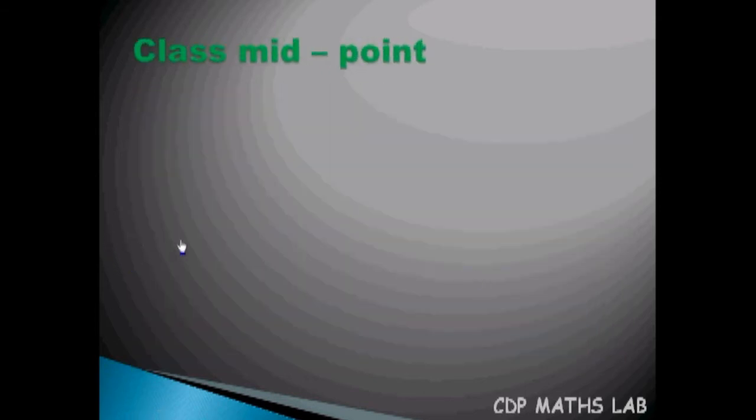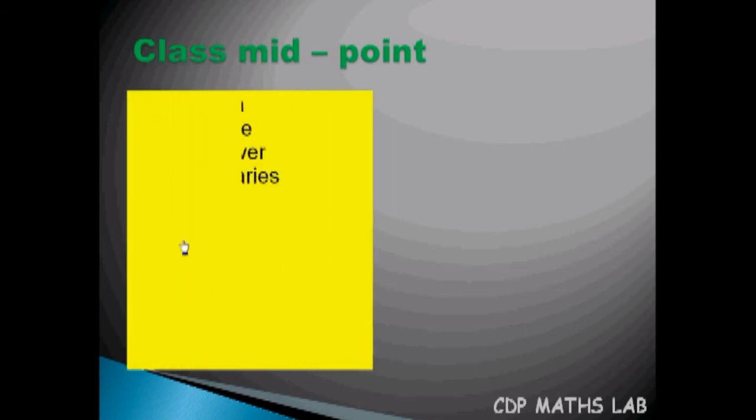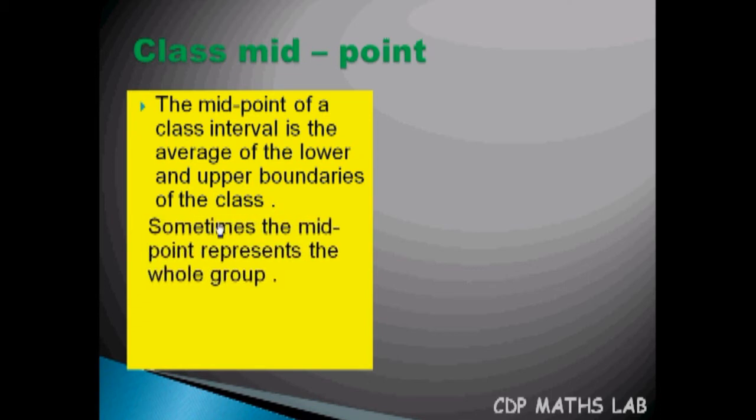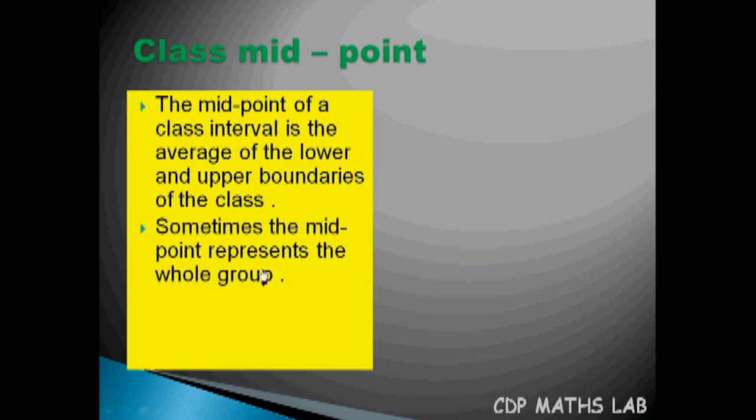Class midpoint. The midpoint of a class interval is the average of the lower and upper boundaries of the class. So in other words, to find the class midpoint, you must first find the what? Upper and lower class boundaries. Sometimes the midpoint represents the whole group.